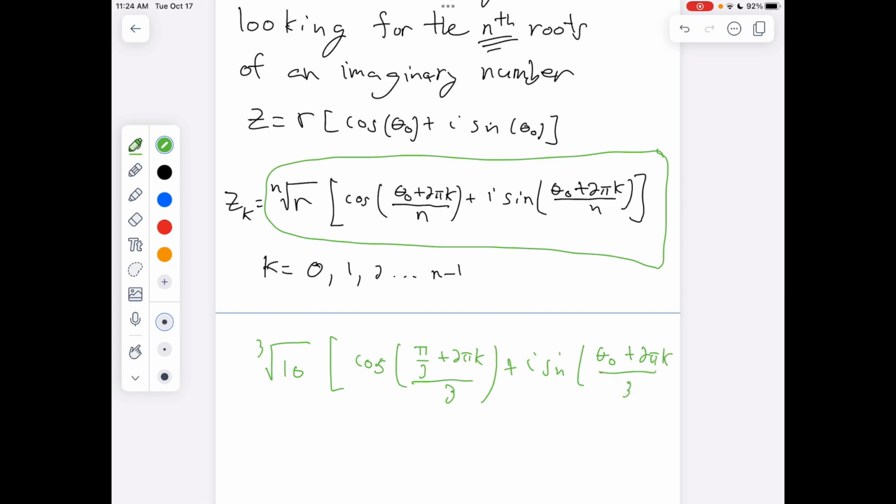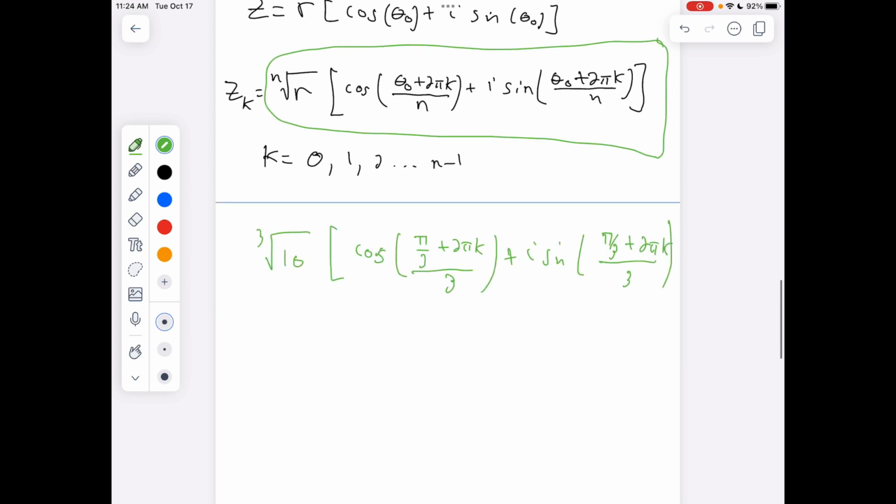Oops, I'm sorry. It should be pi over 3. So again, the r comes from rewriting the number you're looking for the root of in polar form. So r would equal the square root of the components squared and added together, and then you find the angle in a similar manner, when I went over the tangent and looked at the quadrant. So this is what your equations would look like for your solutions.